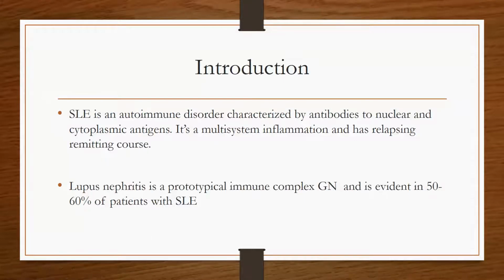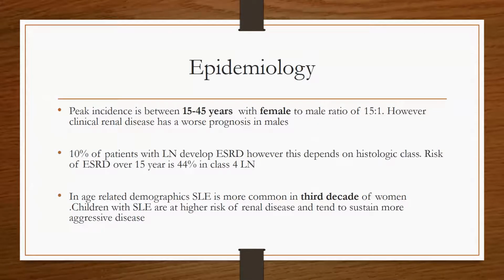So in terms of lupus, it's an autoimmune multisystemic inflammatory disorder. It is a prototypical immune complex glomerulonephritis, and it affects 50 to 60% of patients with SLE. Peak incidence is between 15 to 45 years.